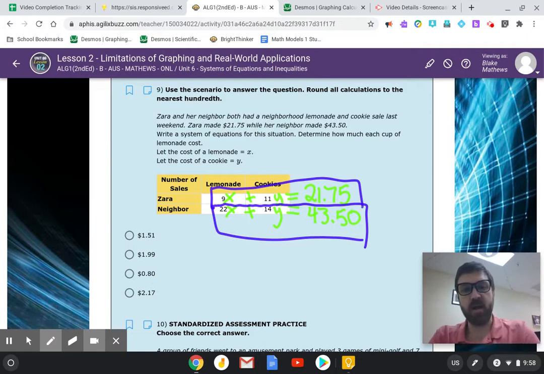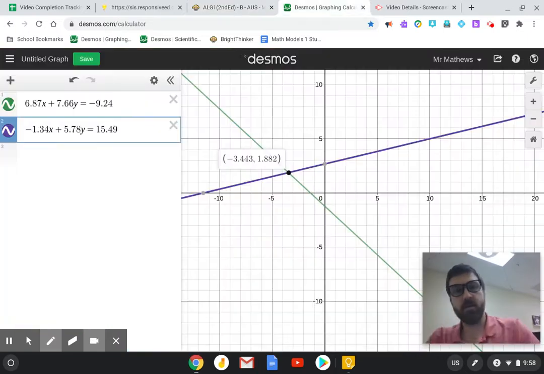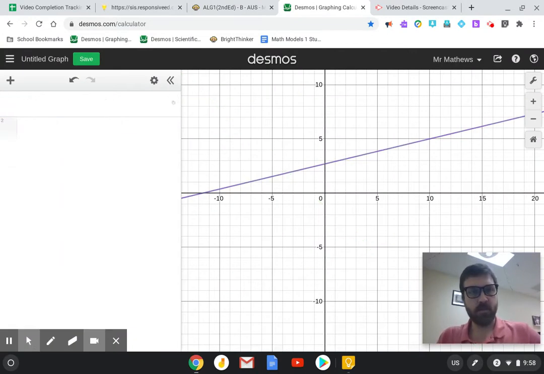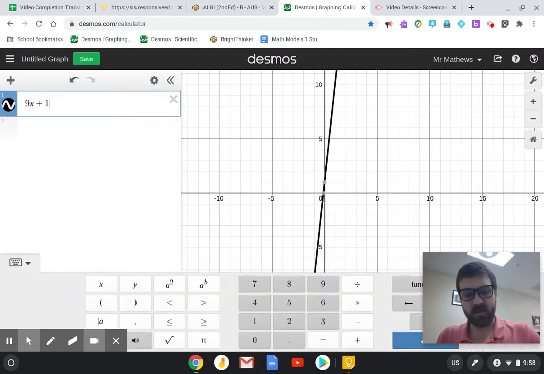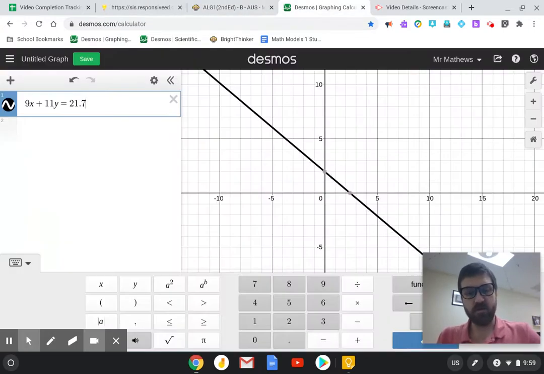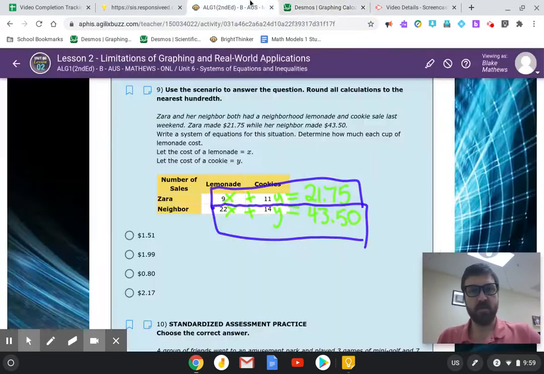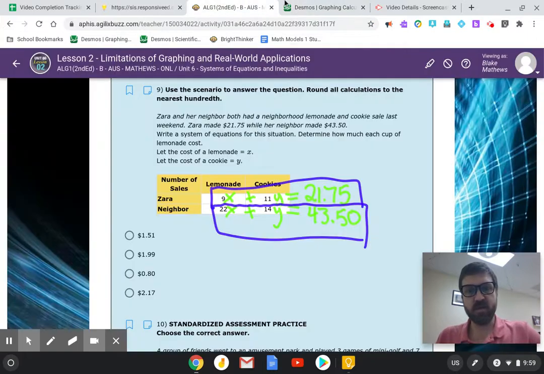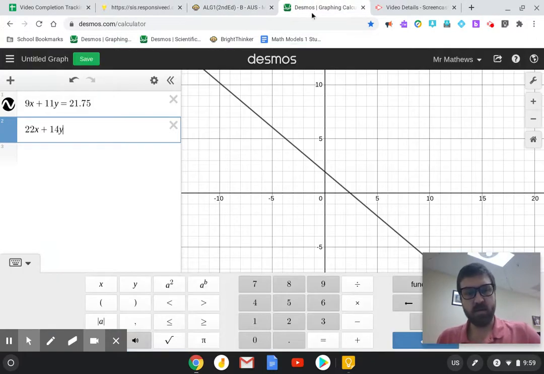So 9x plus 11y equals 21.75. 22x plus 14y equals 43.50.